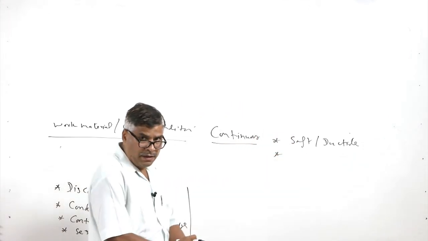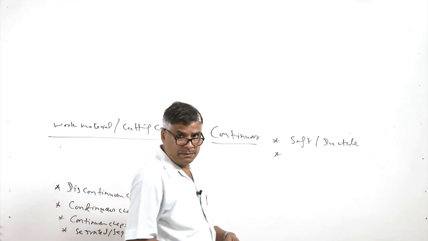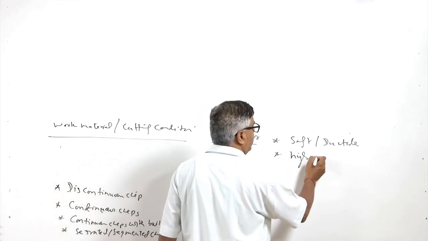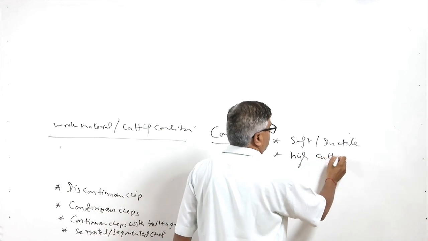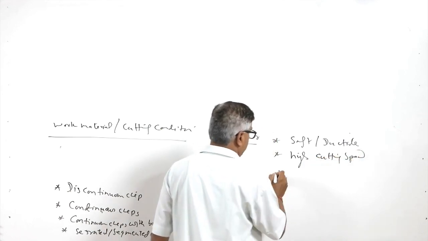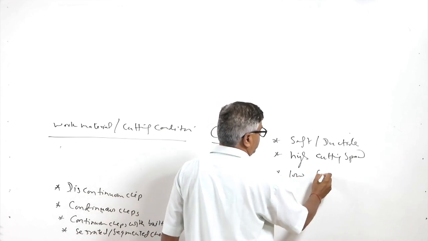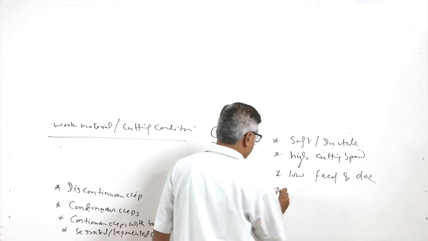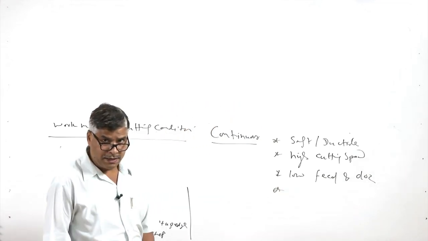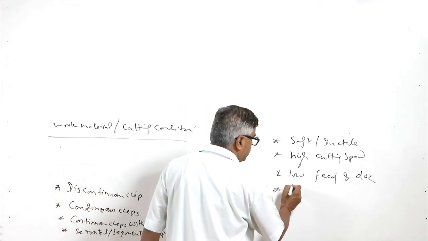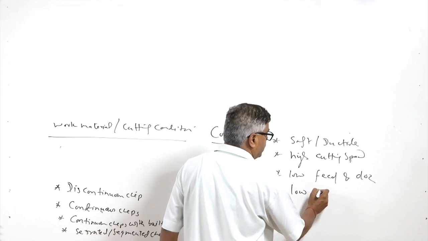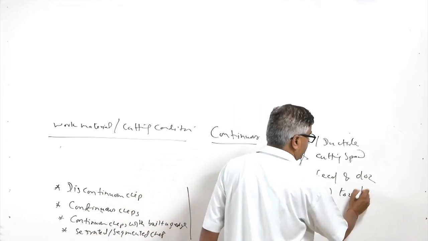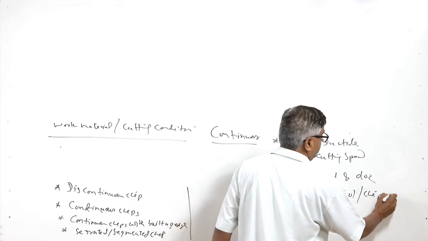Apart from this, continuous chips are formed when the cutting speed is high, while low feed and depth of cut are used. Apart from that, the mu value at the tool-chip interface is low.